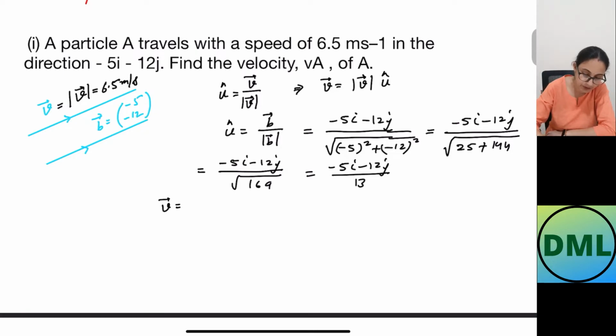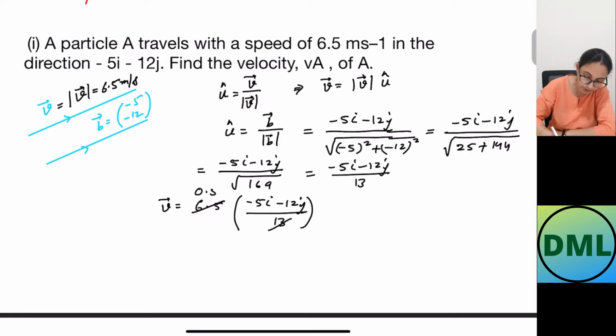Now I will substitute this unit vector in the velocity vector. So the velocity vector will be the modulus of the velocity, which is 6.5, multiplied by the unit vector, minus 5i minus 12j over 13. So 13 will cancel from 65 and your answer will be 0.5.